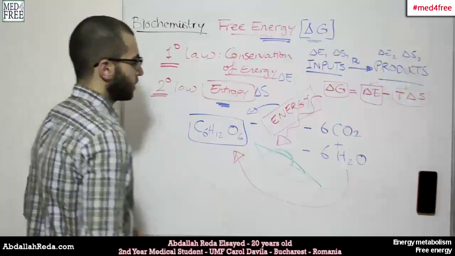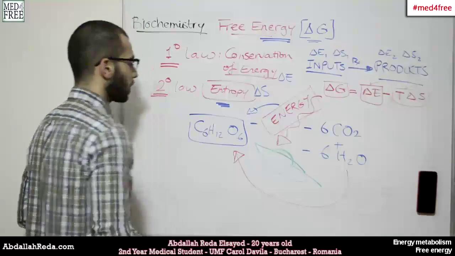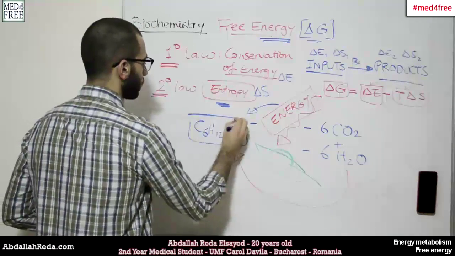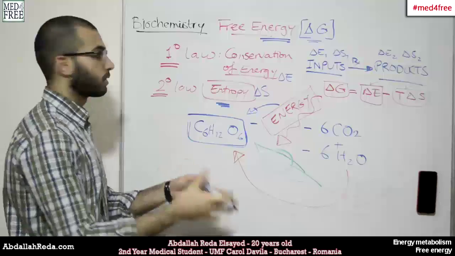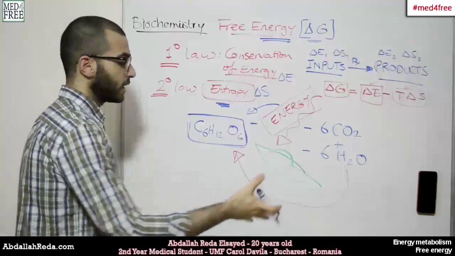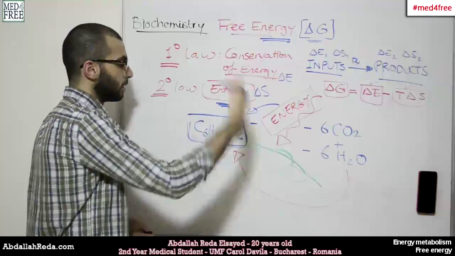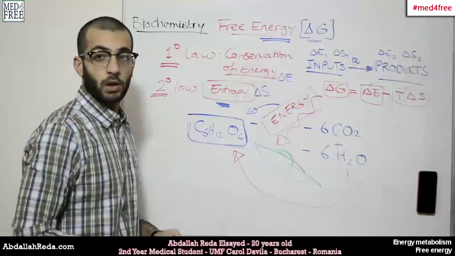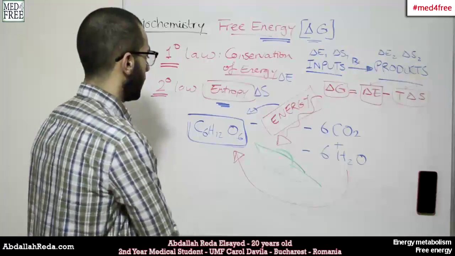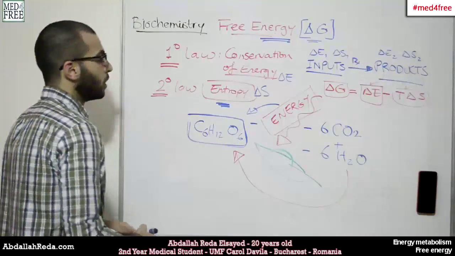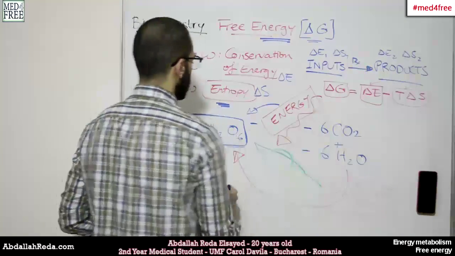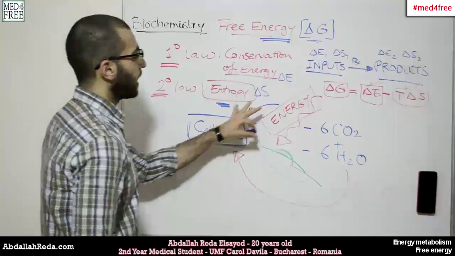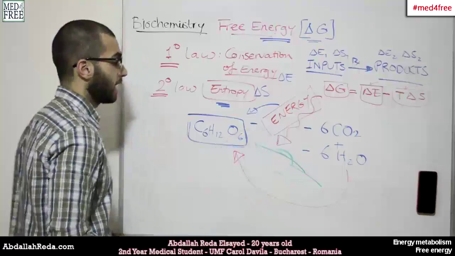The thing is, in this reaction, furthermore, we can use this glucose because we are talking about bioenergetics. We were talking about the metabolic cycle inside the human body. So what we need this for is to specify what kind of reaction that is.